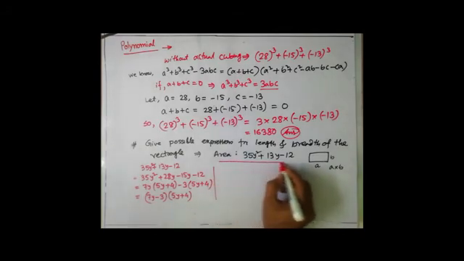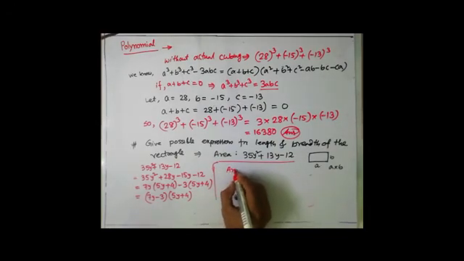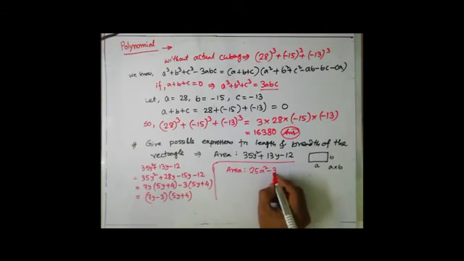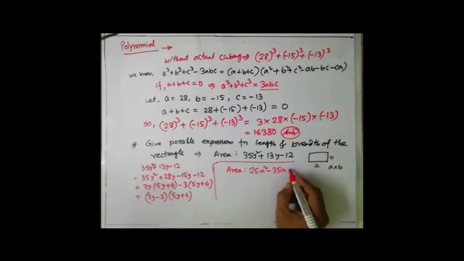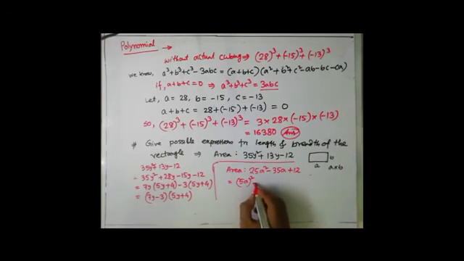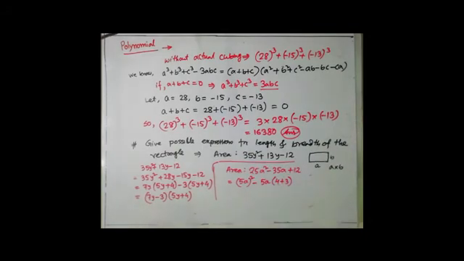Suppose the second problem is given, where the area is given, the same kind of problem: 25a square minus 35a plus 12. Now it can be solved this way also: 5a square minus 5a into 4 plus 3. Check it, 35a can be written like this or not.